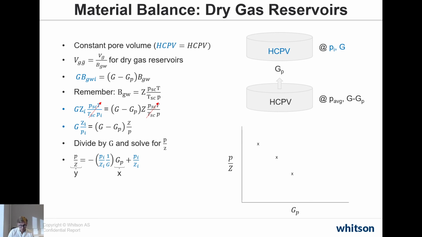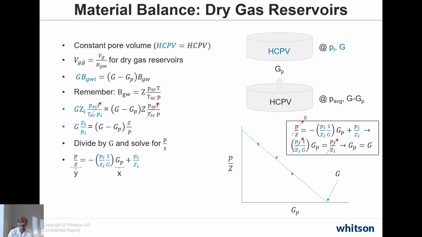And over time, these points will yield some kind of slope, and you can then fit a line through those points. The point where it intersects zero is the original gas in place volume, or the estimated reserves for that particular well or that reservoir or whatnot.